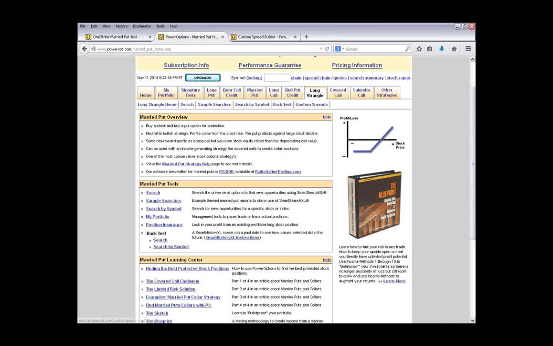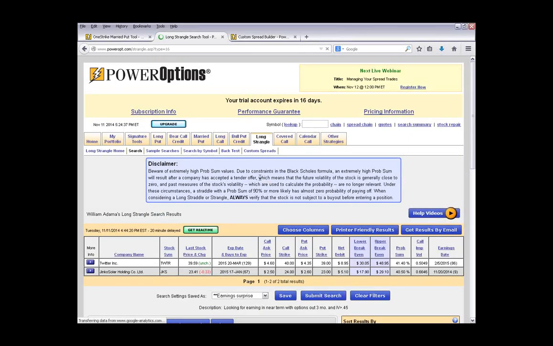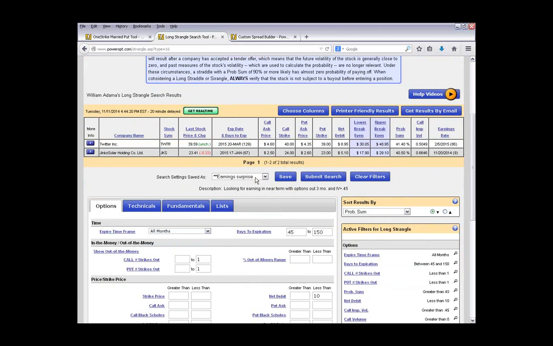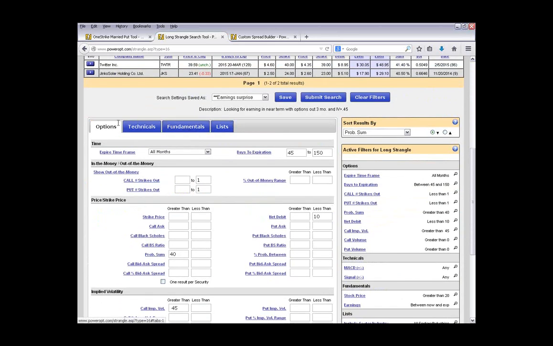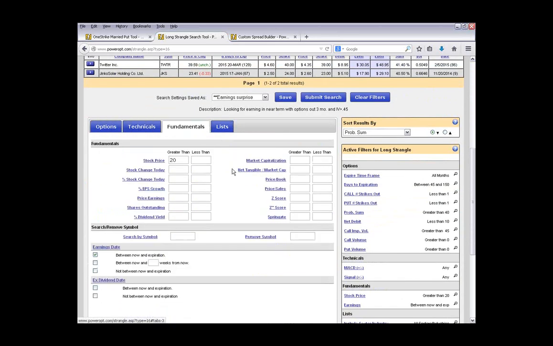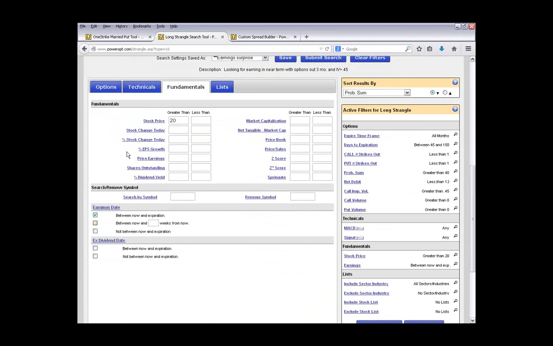In addition to that, one of our search features, if I was in the long strangle and I went into the search tool to identify positions, as Davis showed on Chaikin, where you can select the earnings view, I can create a search using options and technicals information, but tell the system to only show me stocks and strangle positions on securities that have earnings coming up within the next week.